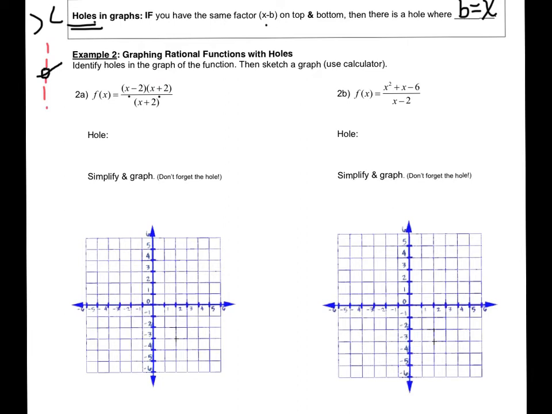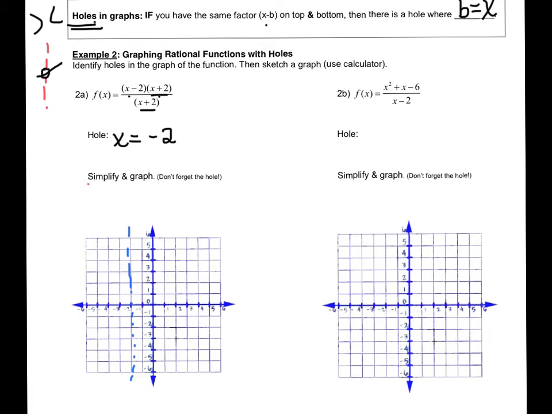So what's going to happen, because we have this x plus 2 on top and that x plus 2 on the bottom, is normally if we saw that x plus 2 on the bottom, we'd have a vertical asymptote there. Our hole is going to be at x equals negative 2. So usually we would think about that being a vertical asymptote like that right there. But I'll show you what's going to happen.